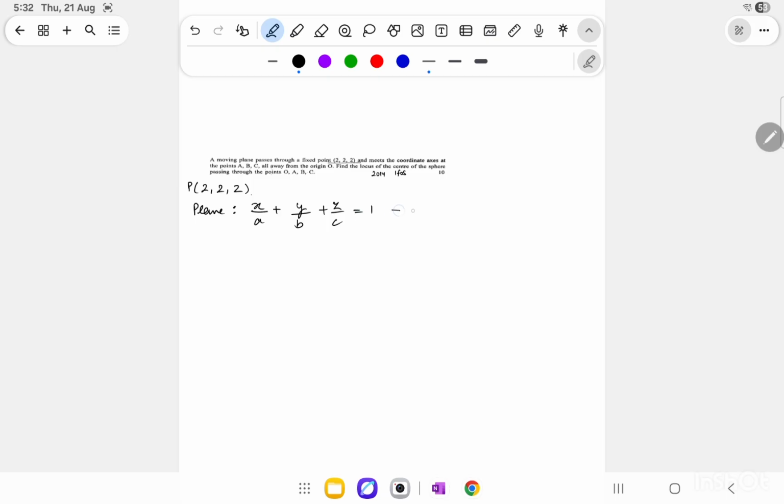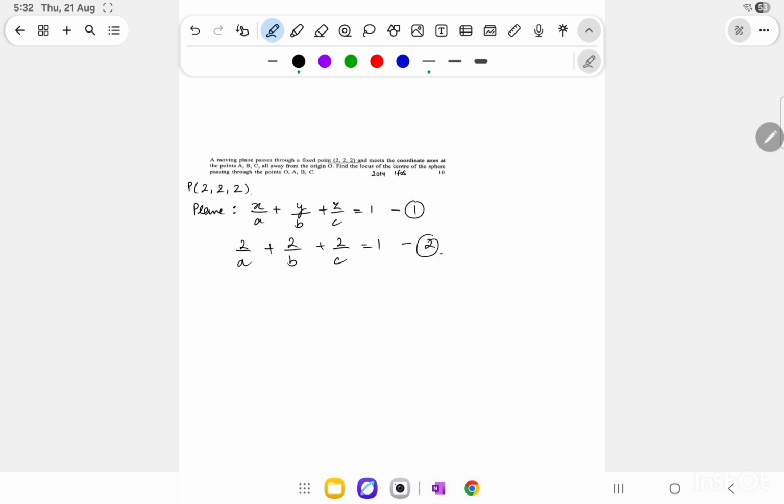Let this be my moving plane and let me name this as equation number 1. So it is given that this equation of plane passes via point P. So if it is passing via point P, then 2 by a plus 2 by b plus 2 by c must be equals to 1. Let me name this as equation 2.